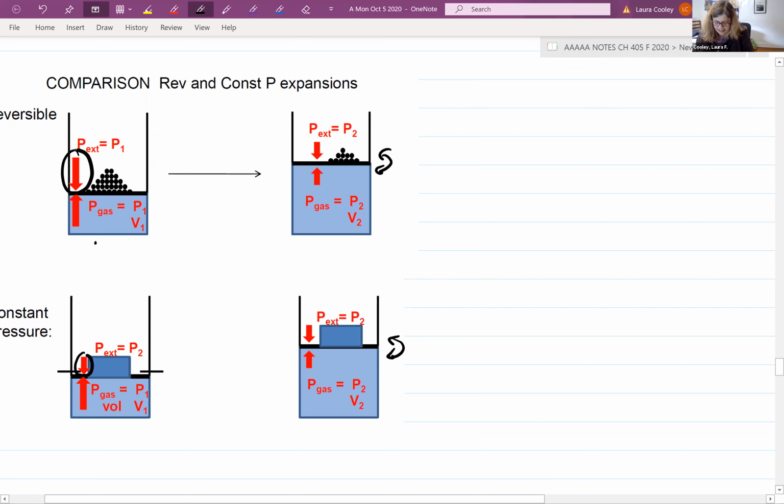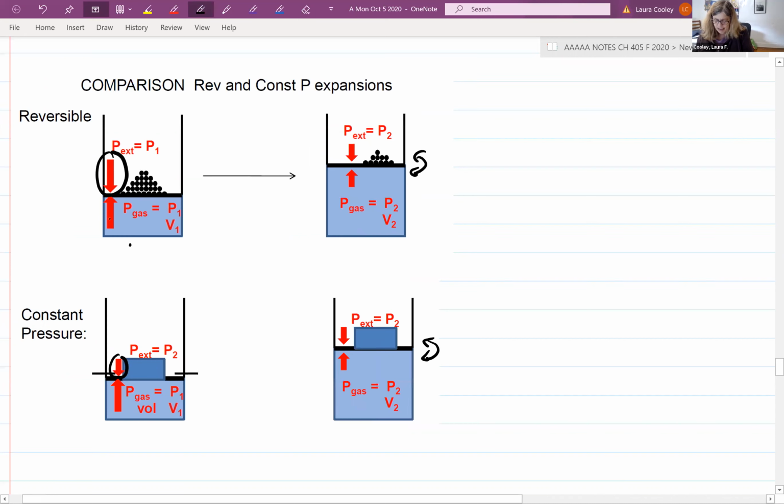Because the external pressure in the reversible expansion is always equal to the gas pressure. It starts out just as big as the gas pressure here. So these are always the same. So what that means is that gas in the reversible expansion is always pushing against a greater pressure than it is here. Here, look at that arrow, that external pressure that it's pushing against is smaller.